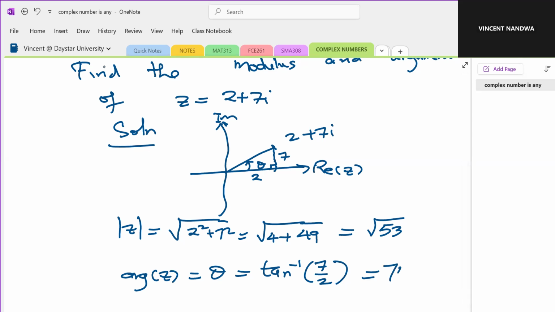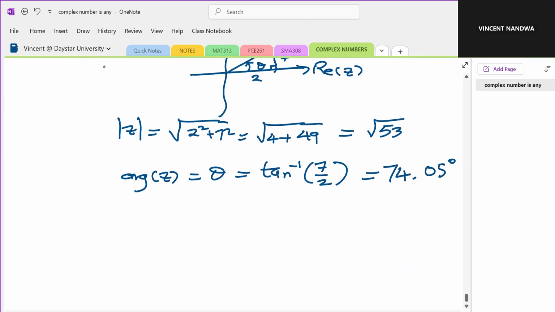Or if you like, divide that by 180, you'll say 0.4114 pi radians. So this becomes our argument of Z for that given complex number.